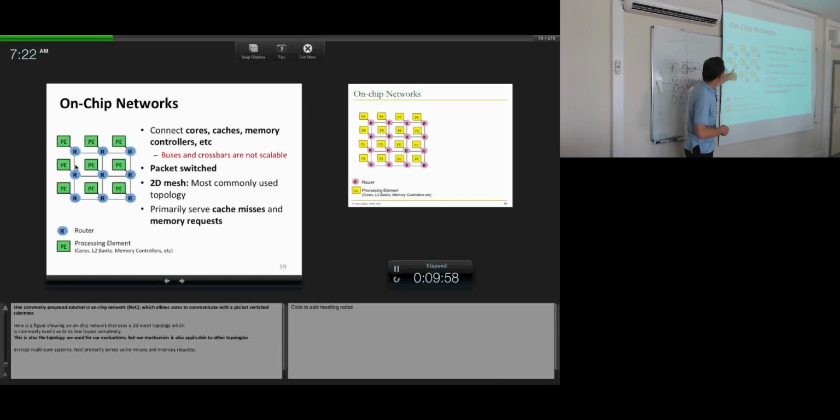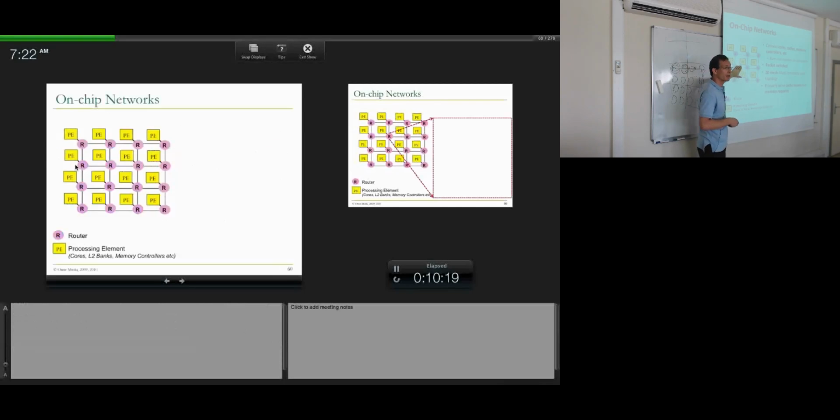This is an example of a 3x3 mesh. These are packet switched. This two-dimensional mesh is the most commonly used topology, but ring topologies look similar, right? You can actually design a ring that looks like this. And the goal in an on-chip network is to primarily serve the cache and memory requests, and some I/O requests as well.